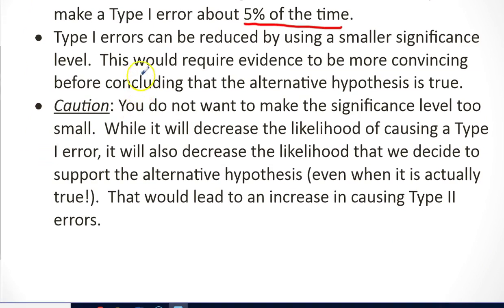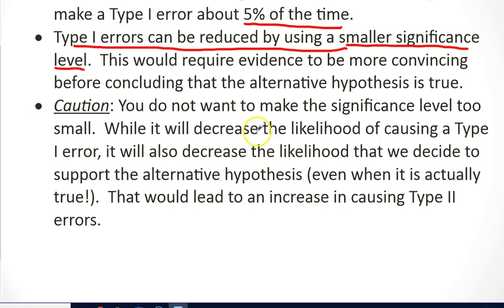Okay? We can reduce type 1 errors by using a smaller significance level. That would be something to write in your notes. In other words, we get stronger evidence to prove the alternative. You might say, well, why don't I just keep it small all the time?